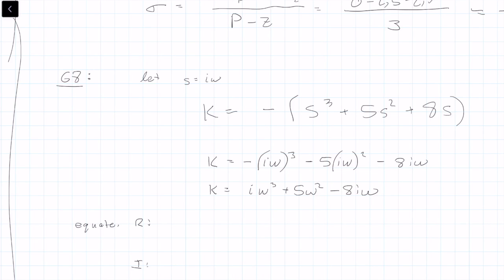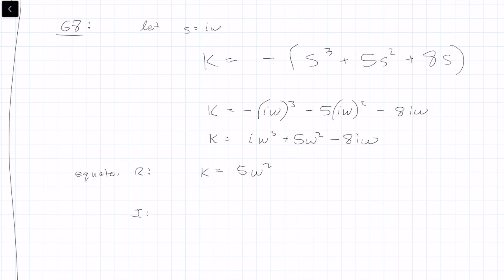So the reals would be K is equal to 5 omega squared. Okay, that's sorted. Now we look at the imaginary, and we can say 0 is equal to omega cubed minus 8 omega. So we can say 0 equals omega squared minus 8.